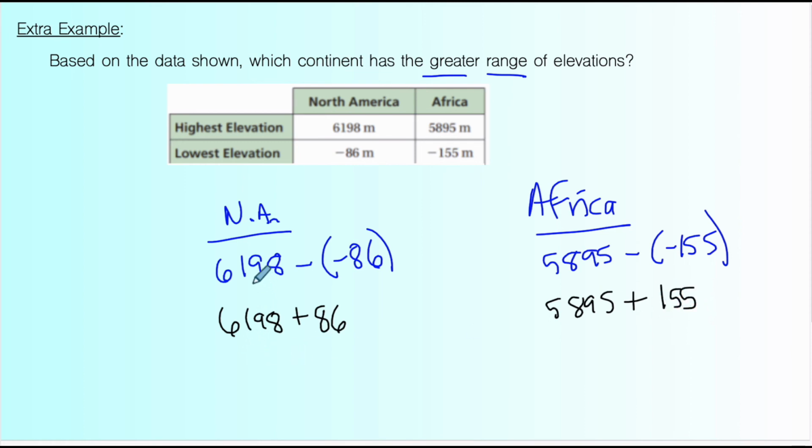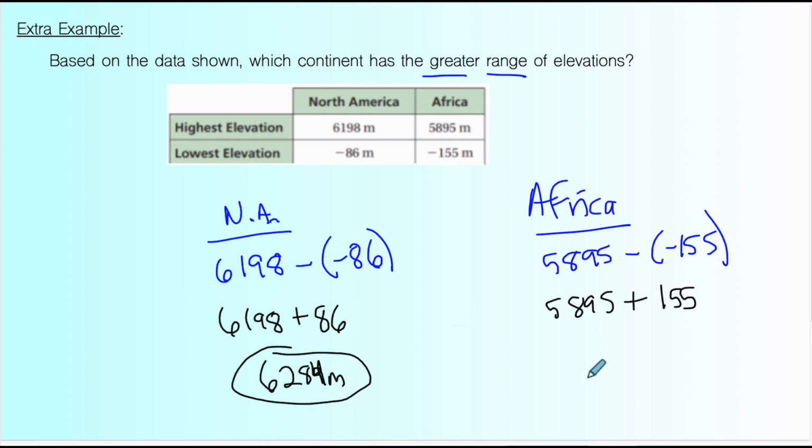So now I've got these subtraction problems turned into two very nice addition problems. That's not difficult addition at all. 6,198 plus 86 is 6,284 meters. And what that means is the spread between the lowest elevation to the highest elevation is 6,284 meters.